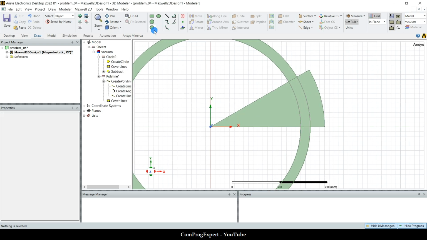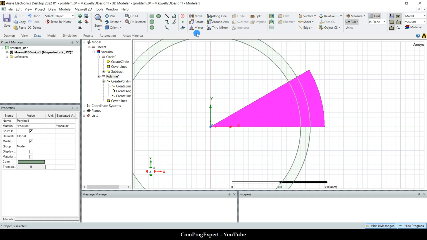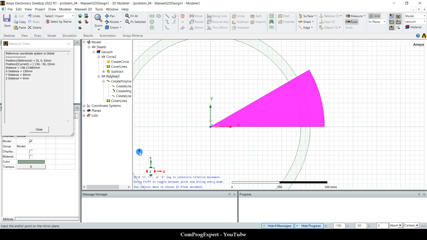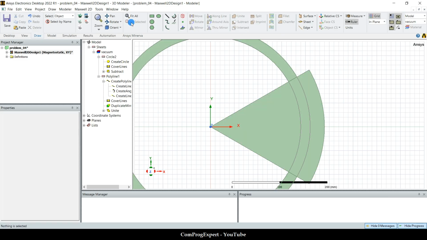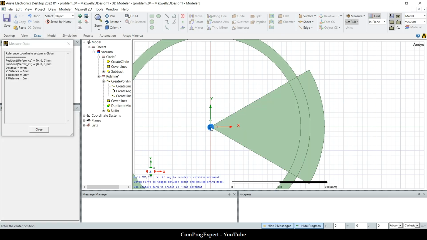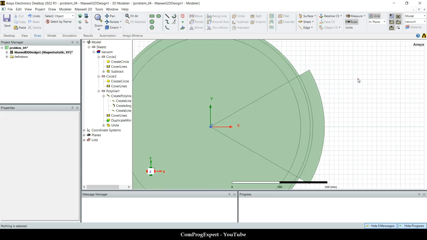So now I can select this face, duplicate, mirror. So click on origin and move the cursor in the direction of the y-axis. So we have these two objects. We can select these two, unite. Then draw another circle.